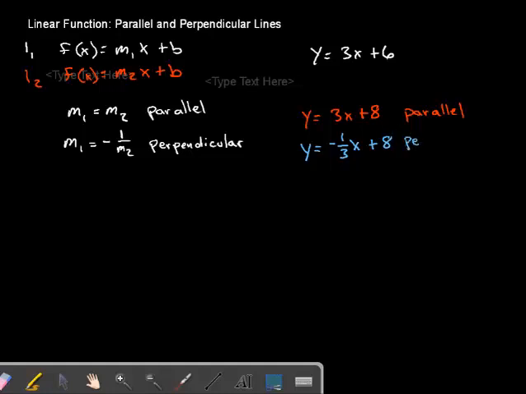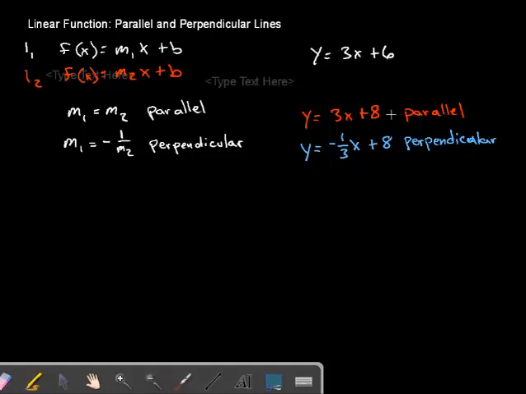This would be a perpendicular line because the slope is the negative reciprocal of the slope of the first equation.